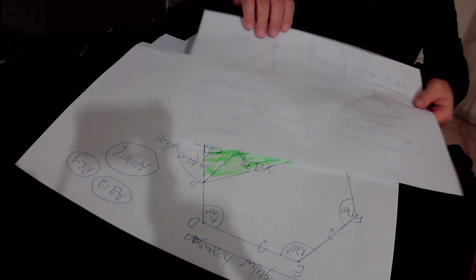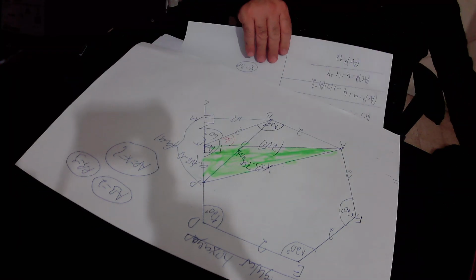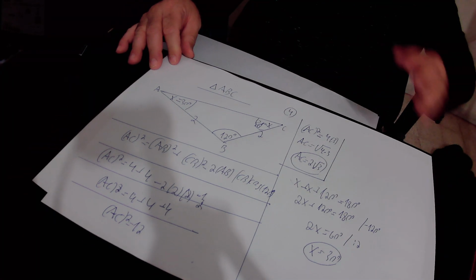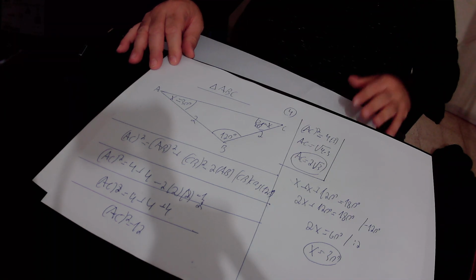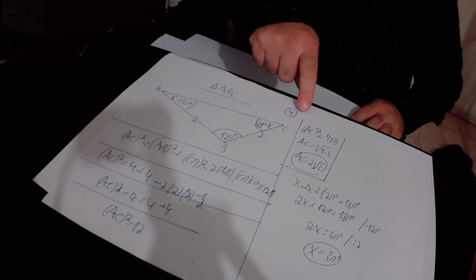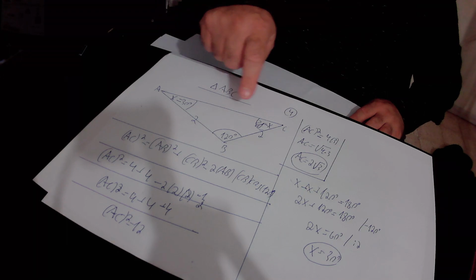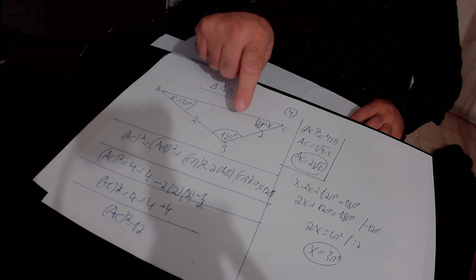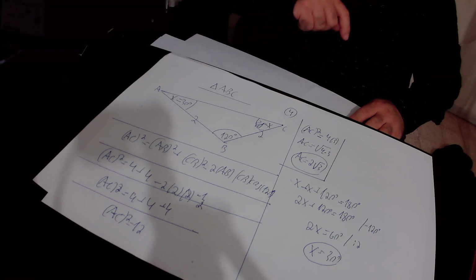Now triangle ABC. I call it triangle ABC on this new page, and we implemented here the law of cosines. So according to the law of cosines, AC square equals AB square plus CB square minus 2 times AB times BC times cosine 120 degrees.